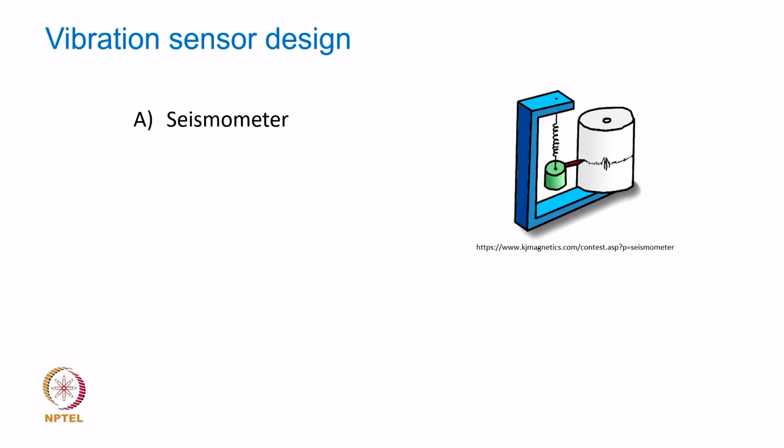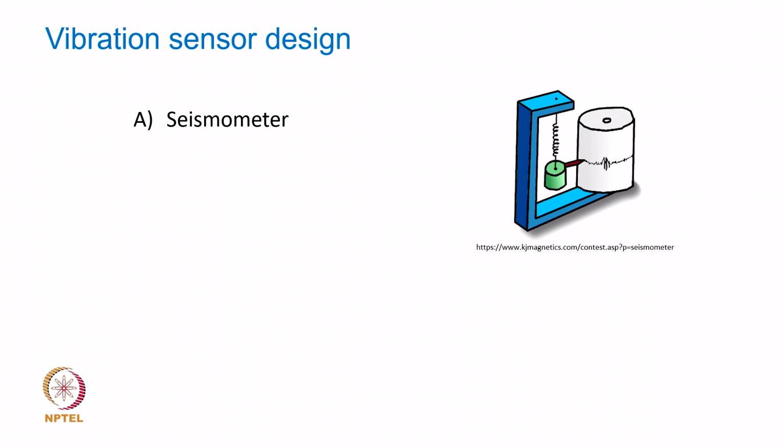Okay. So, a small topic here on the vibration sensor design, how the basic equations that we have learned for a single degree of freedom system are made use of in appropriate design of vibration sensor.